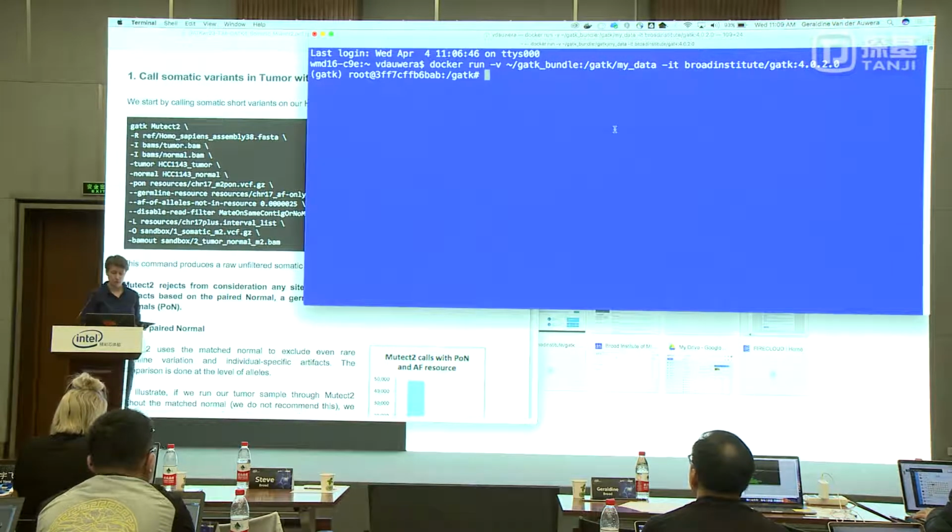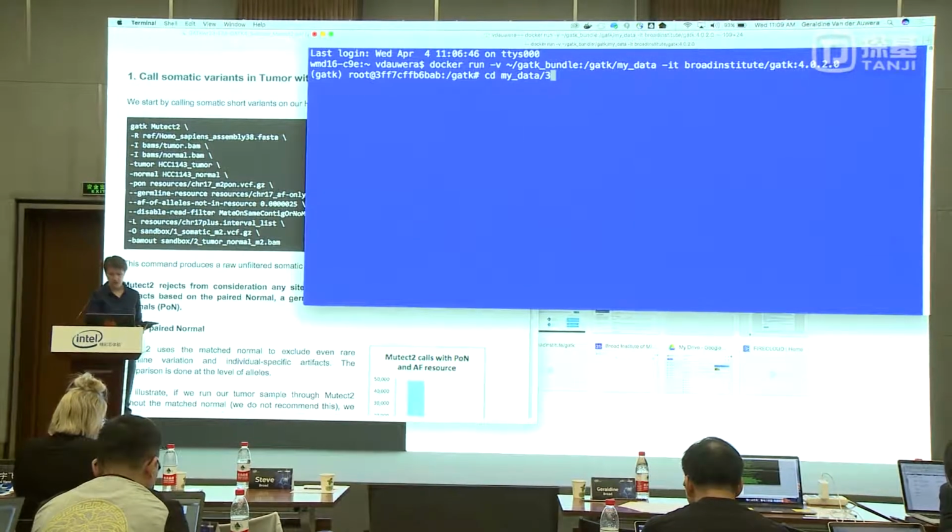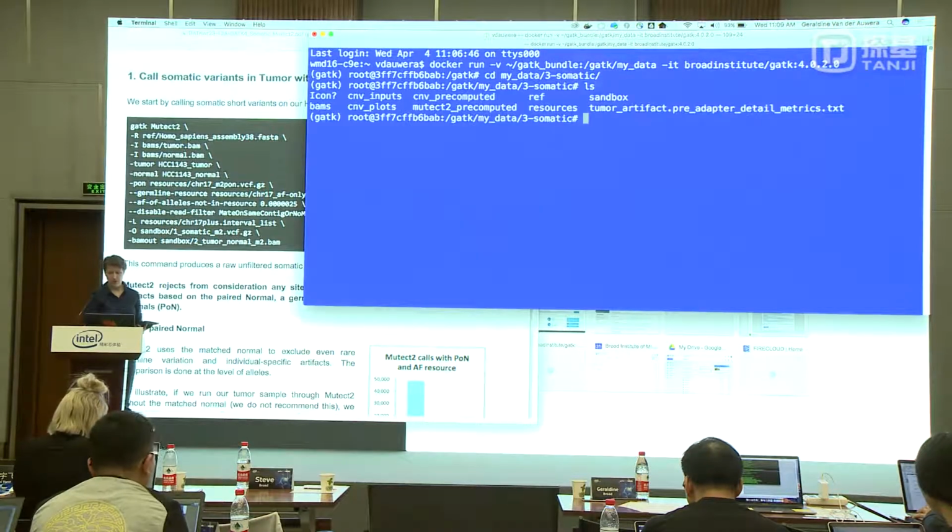So I'm in my container here in my Docker. I'm going to move over to the data bundle directory, and specifically to the day3 data. As usual, I have some number of directories with the data in it.